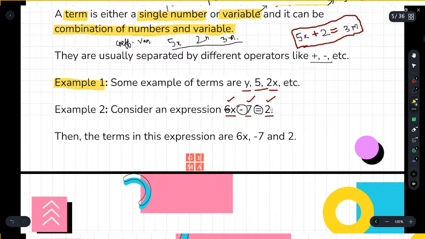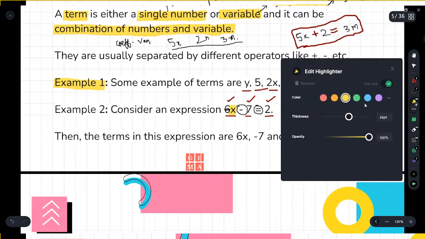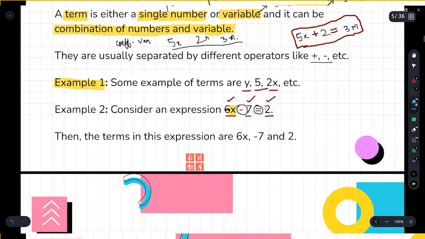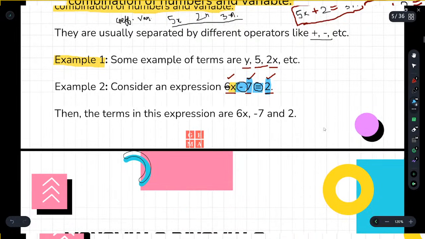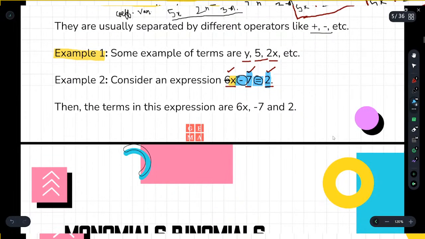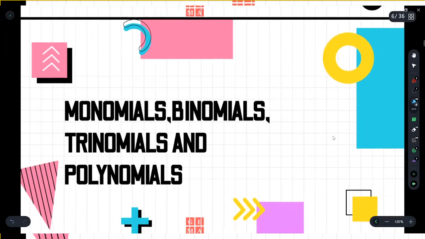And what is the variable? x. And what is the constant? Yes, 7 is a constant and 2 is a constant, and both of these are operators. So then the terms in this expression are 6x, 7 and 2. Okay, let's move on.